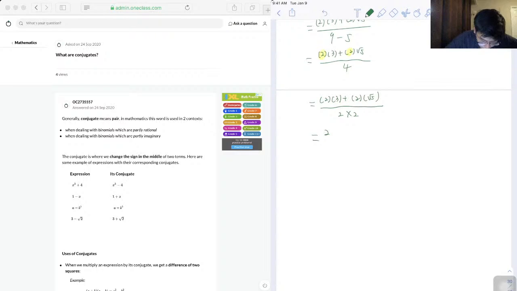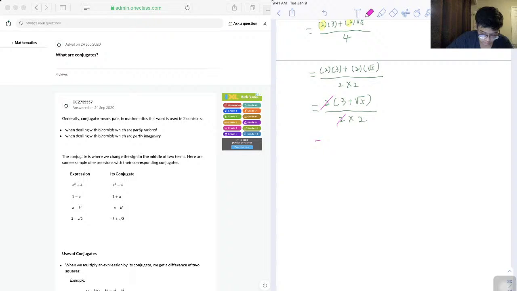So we take a common 2 out, and 3 plus 0.5 is what we have left in the bracket, over 2 times 2. So here we can get rid of the 2. So our answer becomes 3 plus 0.5 over 2.